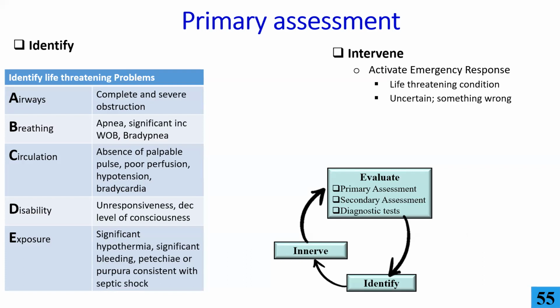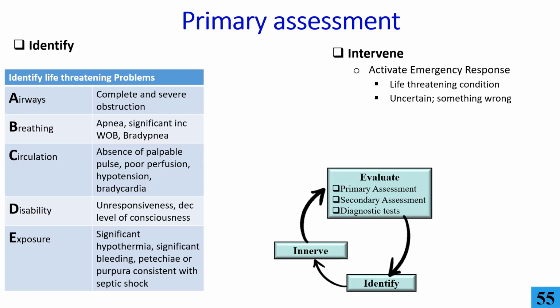If you remember, care of the sick baby is based on blocks of time, which include evaluate, then identify according to your evaluation, and then intervene or manage the identified problem. We have the initial assessment, which includes whether the baby is breathing or not, what the color is, and whether the baby is conscious, meaning responsive or not responsive, and then treat accordingly.